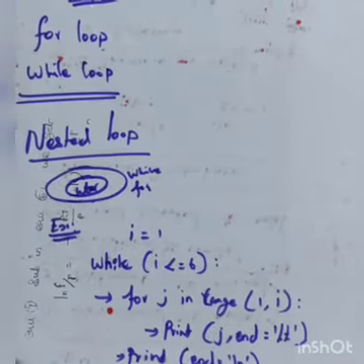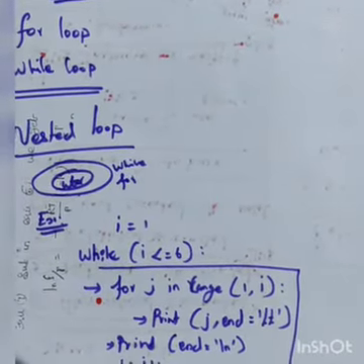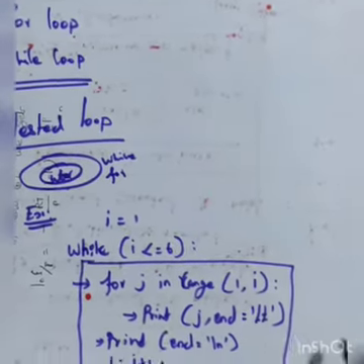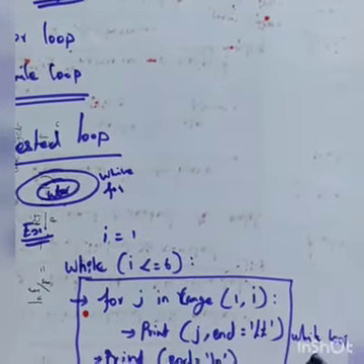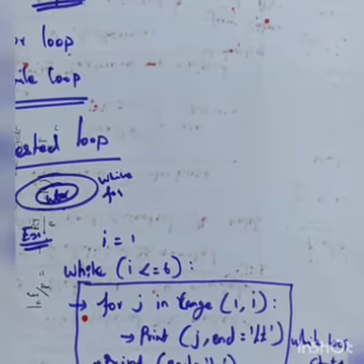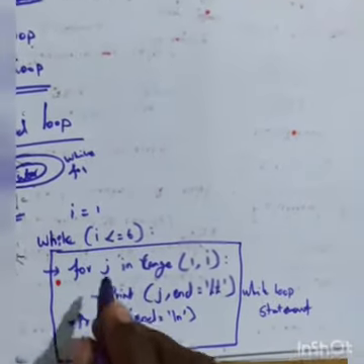So all these statements are the while loop statement. Sir, what about the for loop statement?